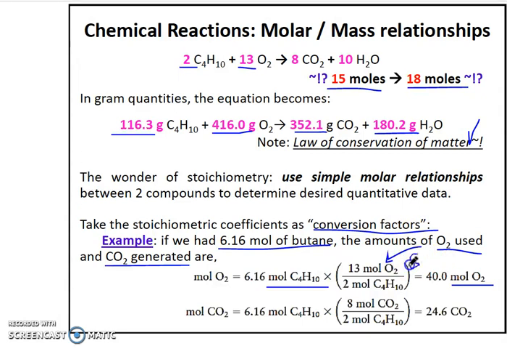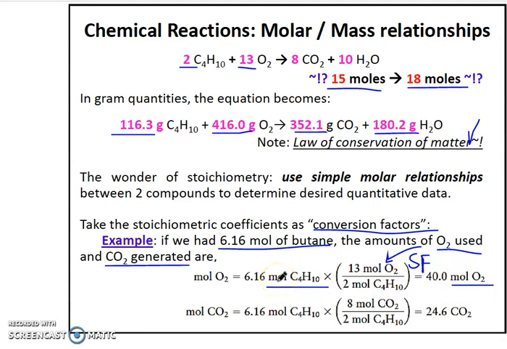That stoichiometric factor is a conversion factor to go from the moles of one substance to the moles of the other substance, 13 to 2 in the case of oxygen to butane.